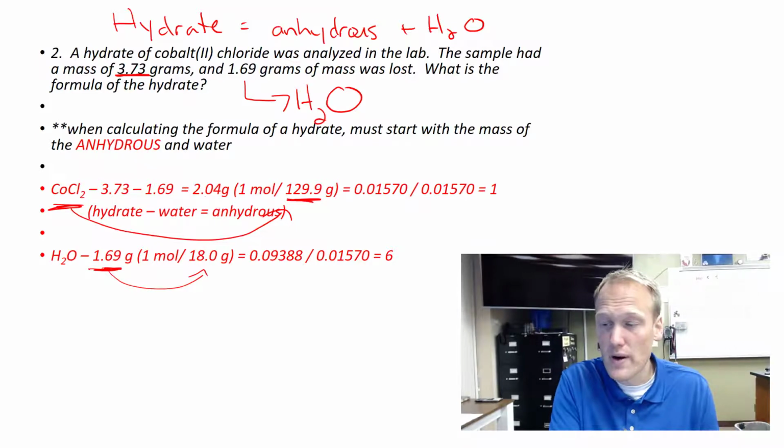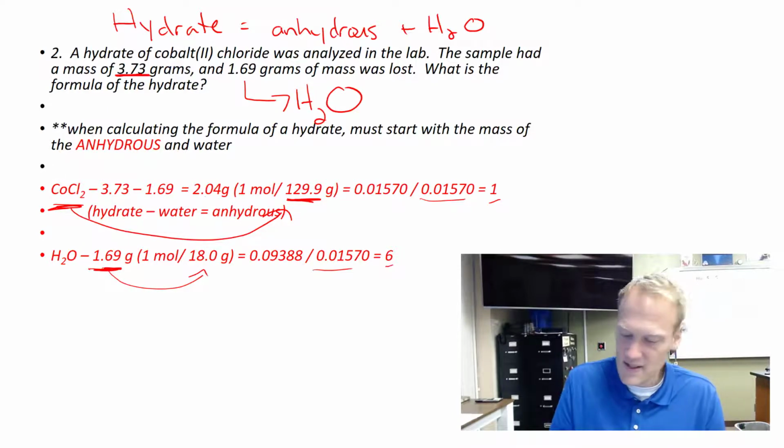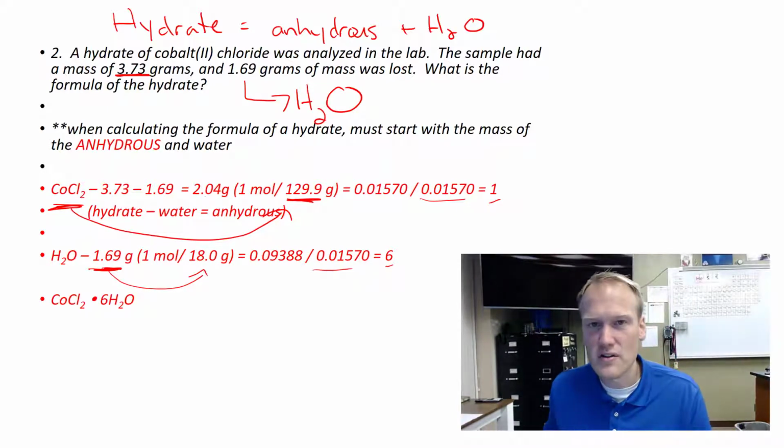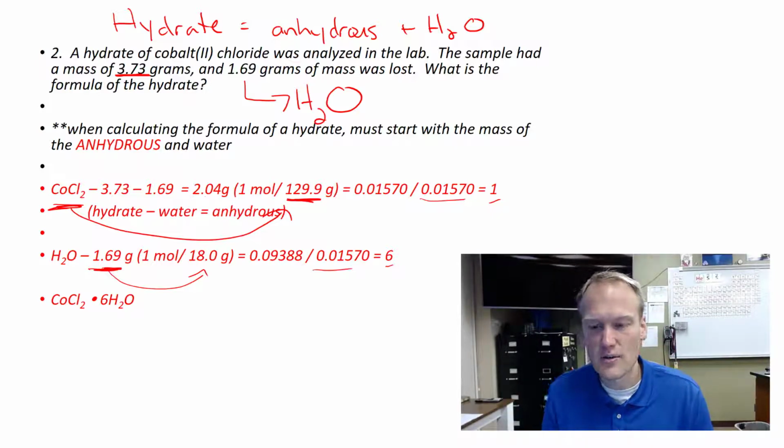You can see that we get 0.0157 moles of cobalt chloride and 0.0938 moles of water. So we divide by the lowest number of moles to get whole numbers, and this comes out as 1, this comes out as 6, which means my formula should be 1 cobalt chloride for every 6 H2O.